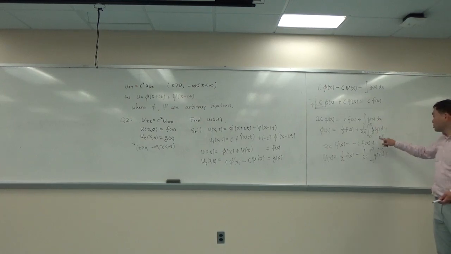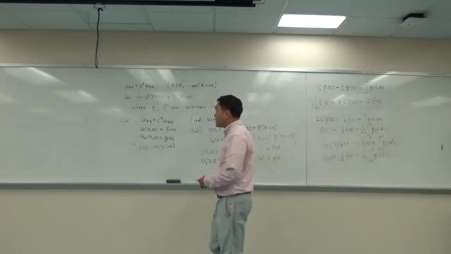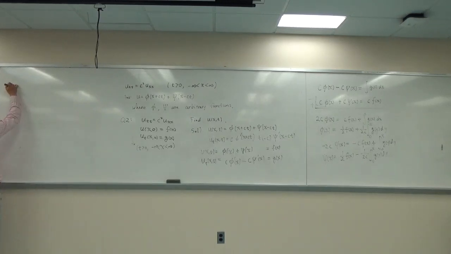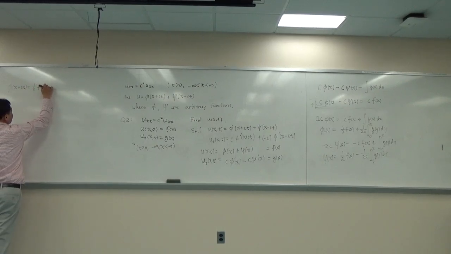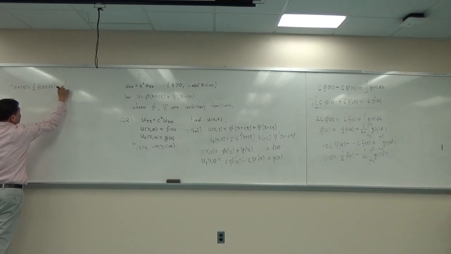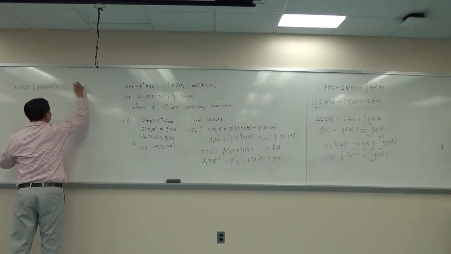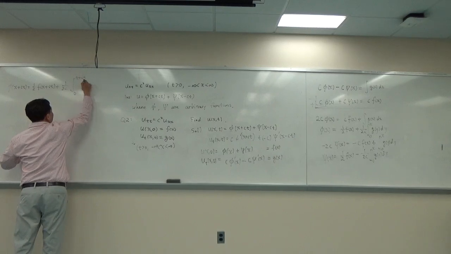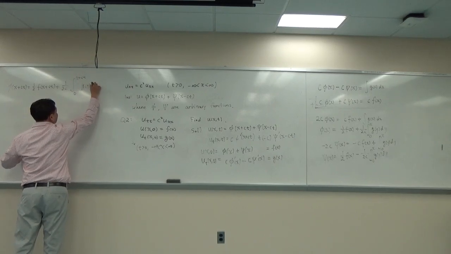So let's write it like this, and the reason I like this is because now it's easy to plug in x plus ct or x minus ct here. That's not a problem. Before, plugging in here, that's going to cause a problem because you have to change this as well, and it doesn't make sense. All right. So with that, here is what I have for phi of x plus ct, which is 1/2 f of x plus ct plus 1 over 2c of integral from 0 to x plus ct of g of y dy.